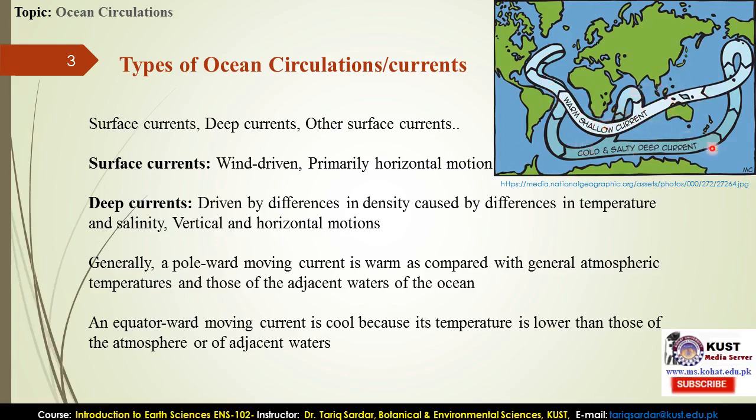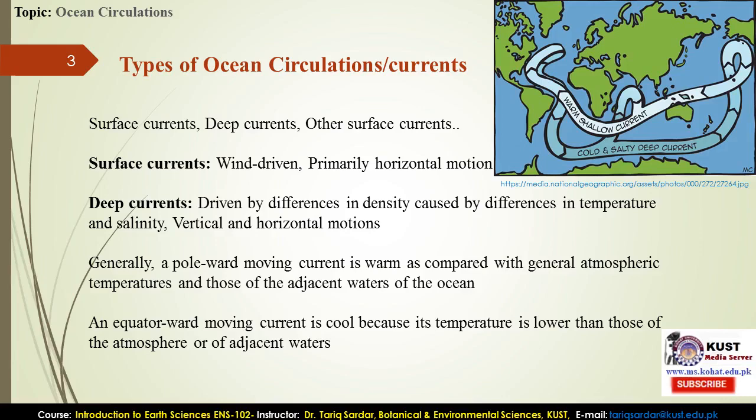But the cold and salty deep currents, because of the salinity and density, become dense and will go toward the deep side of the ocean. The warmer the water at the surface, the more they will form shallow currents. So surface currents and deep currents are the major types of ocean circulation or ocean currents.